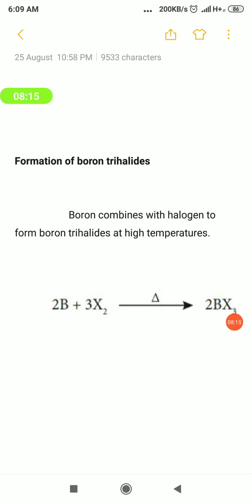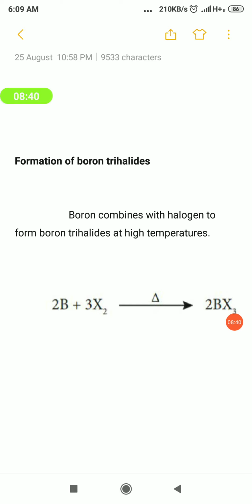The next chemical property is the formation of boron trihalides. Examples of trihalides are BCl3, BF3 and so on. When boron combines with halogens, fluorine, chlorine, bromine and iodine, the reaction must be carried out at a higher temperature. At that time only there will be a formation of boron trihalides.